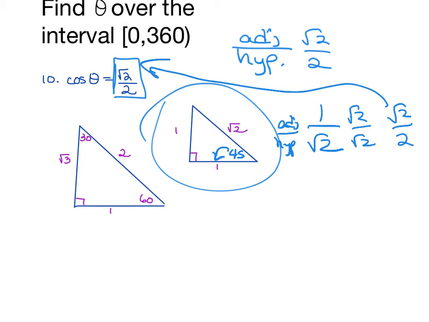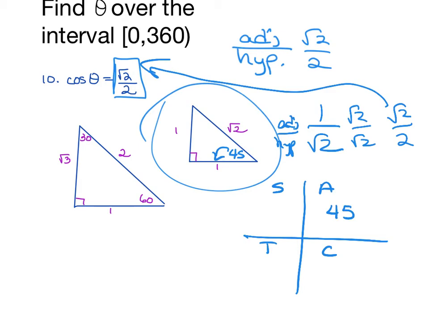However, there is more than just one answer here because we have 4 quadrants. All students take calculus. Now, to figure out the other angles, 45 is just my reference angle. From there, I have to figure out the other 3 angles. So in quadrant 1, the angle is 45.